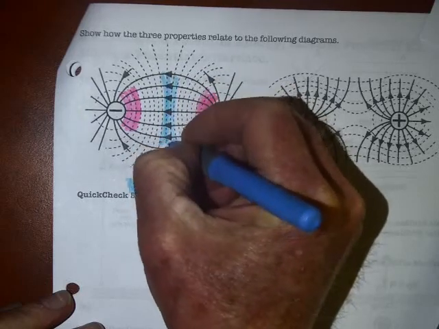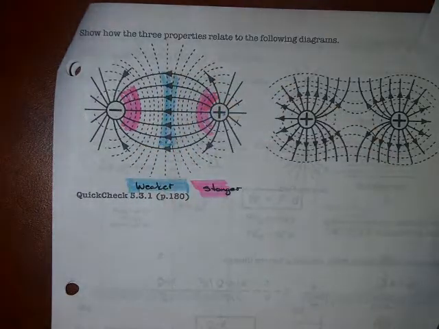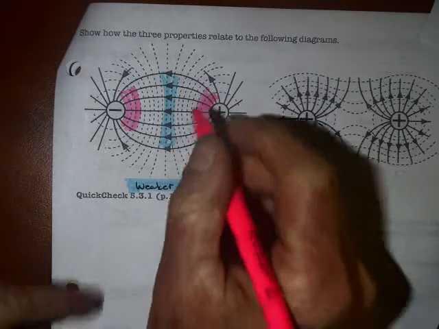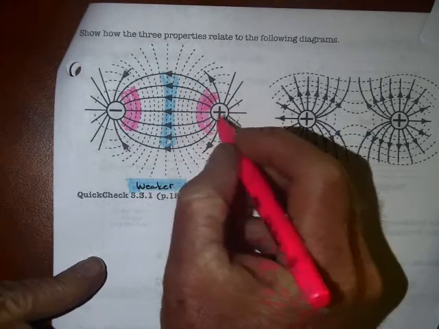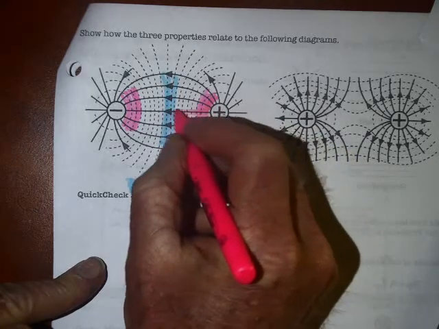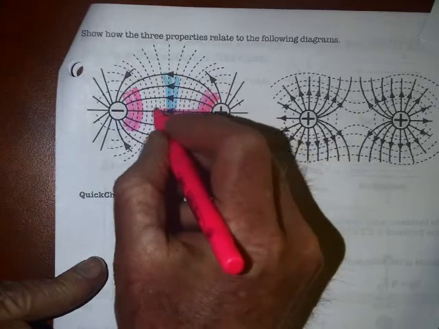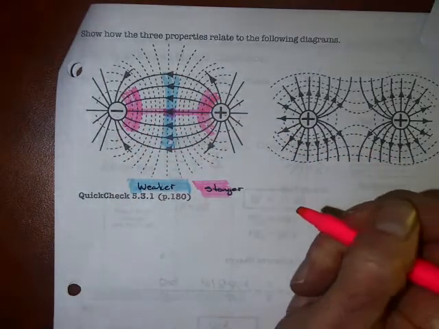This area here would be the weaker part, okay? And the overall attraction, or the overall force in this situation, is towards each other, okay? So this is the direction that it's going.